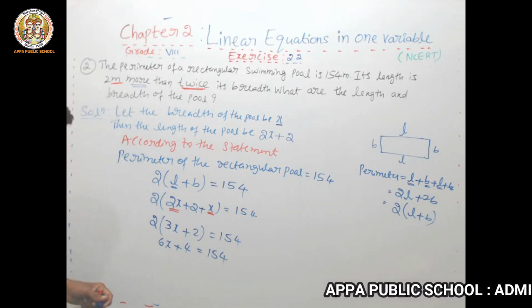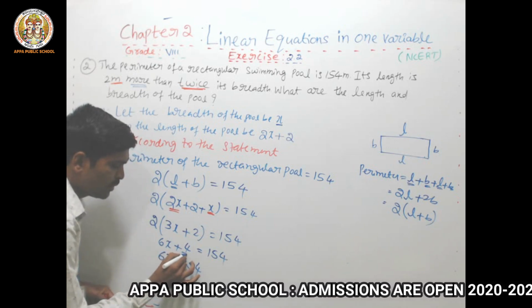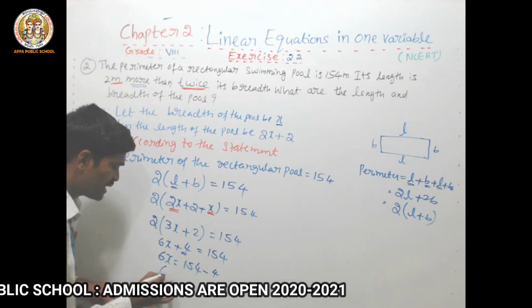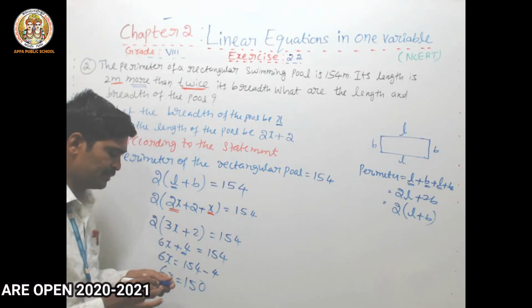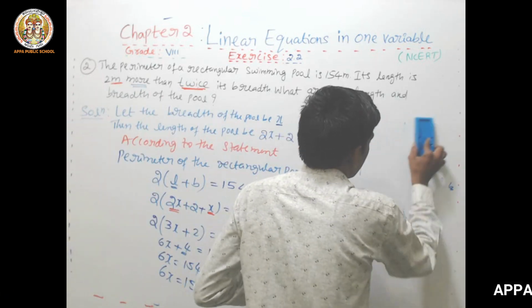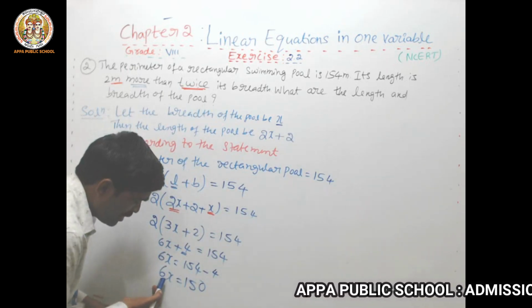Understood, my dear students? Next, 6x is equal to 154 plus 4, transfer into RHS, that should be minus 4. 6x is equal to 154 minus 4, that should be 150. Now how to find the value of x? Here, as I told you, no sign is there.